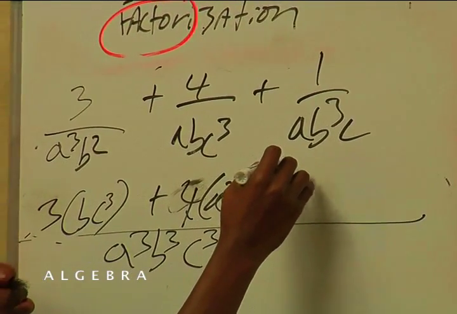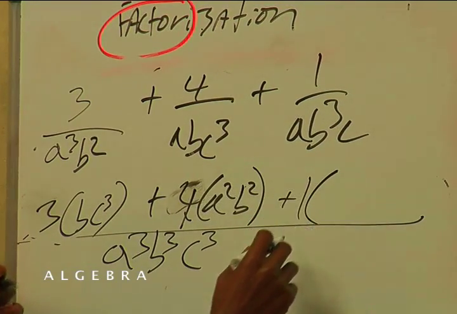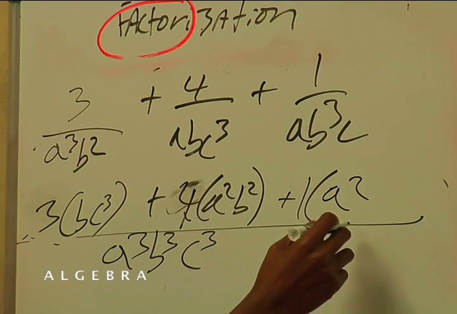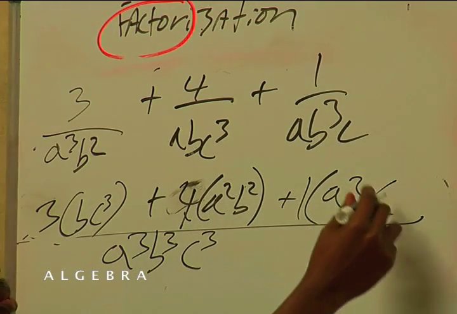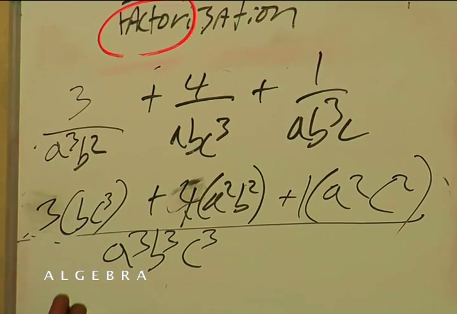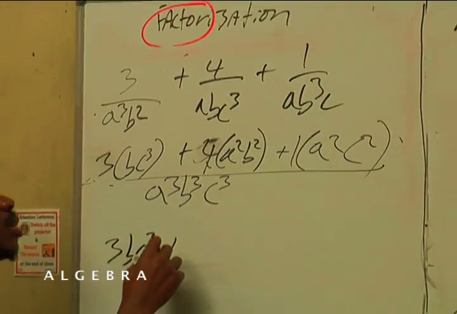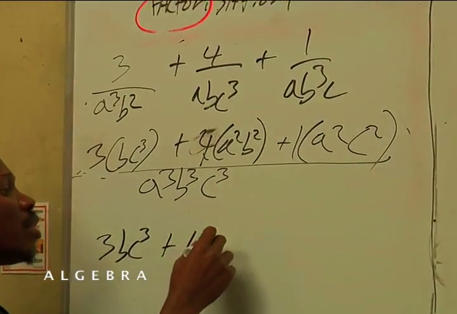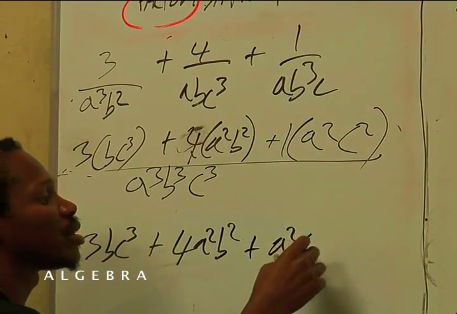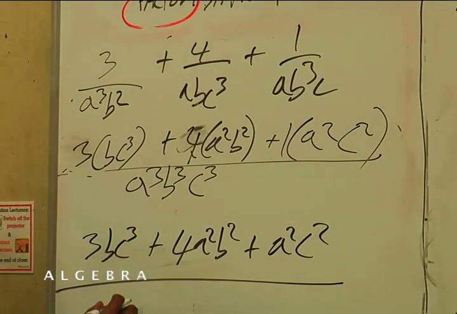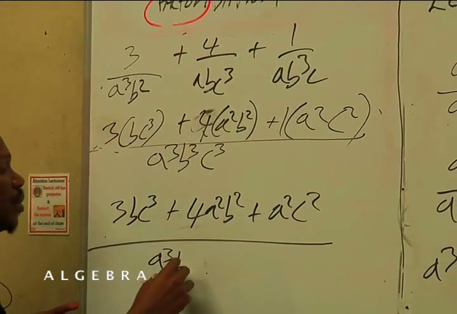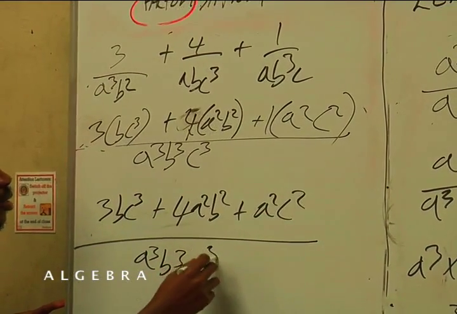Plus 1 bracket A square C square. So 3BC cube plus 4A square B square plus A square C square, all over A cube B cube C cube.